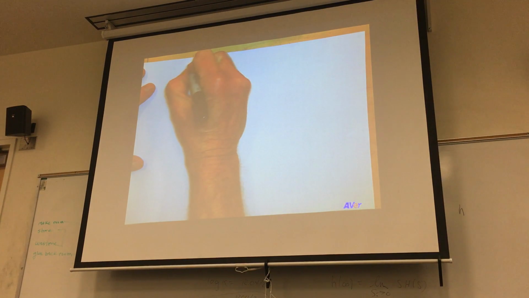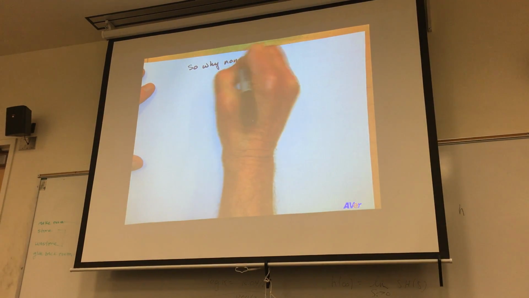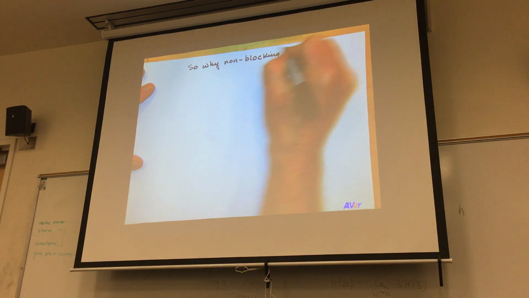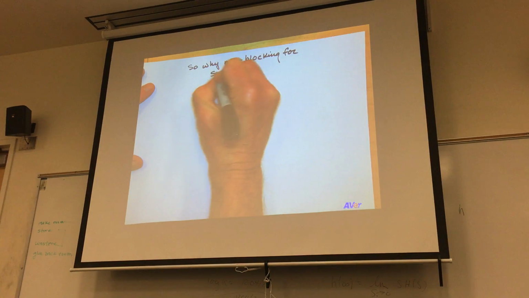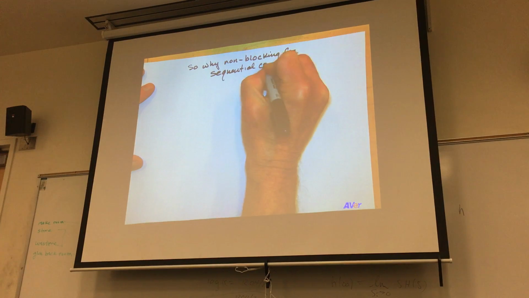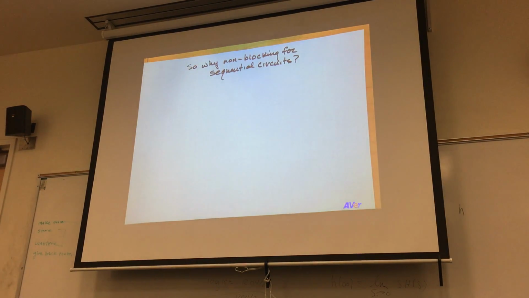Okay, so now, why do we want to use non-blocking for sequential circuits?